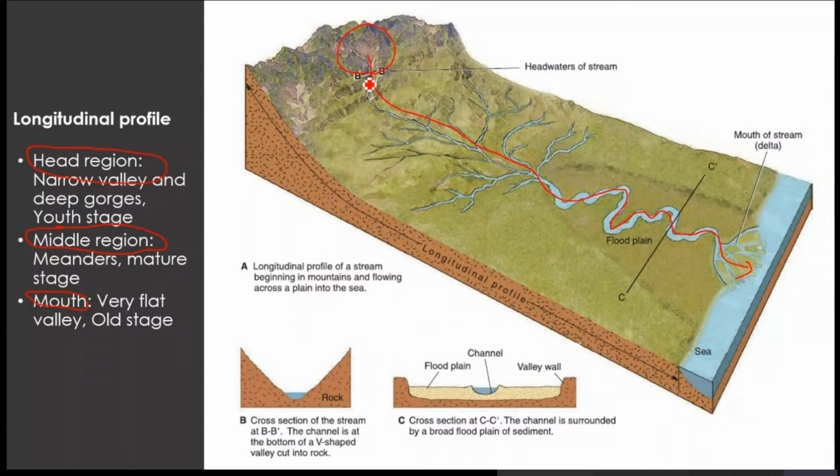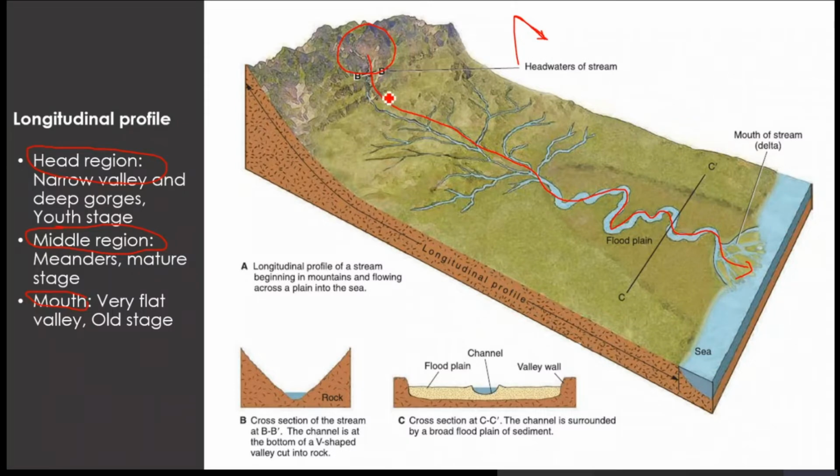In the head region, the slope is very high, and the velocity, the activity and the energy of the water will be very high in the highland region. So in that region, the river is more dynamic.